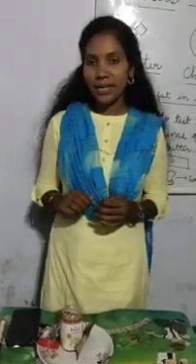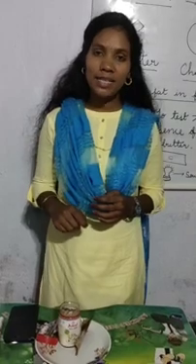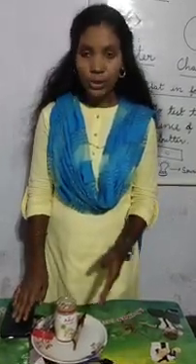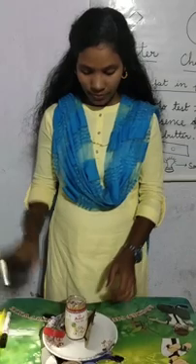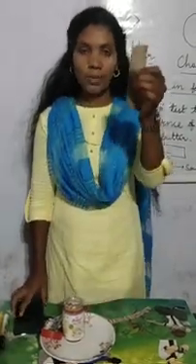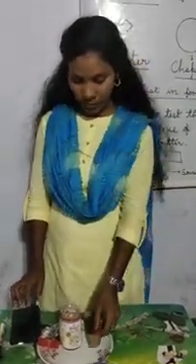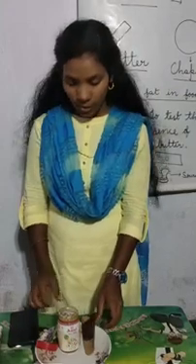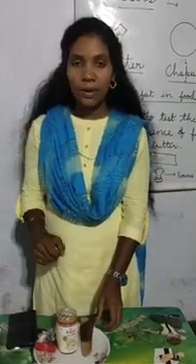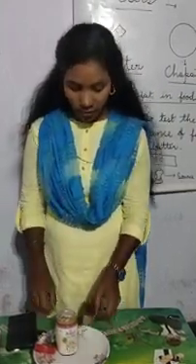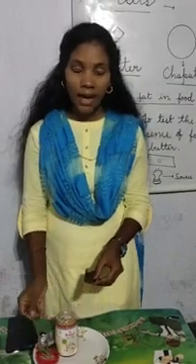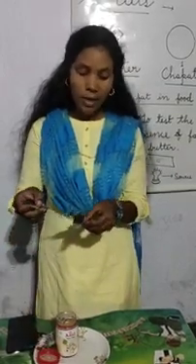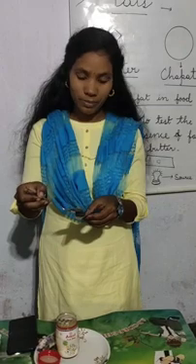Let's do this activity and understand the test well. Here are the materials required to do the activity. We have butter, a source of light and brown paper. A little quantity of butter we take and rub in the center of a brown paper.